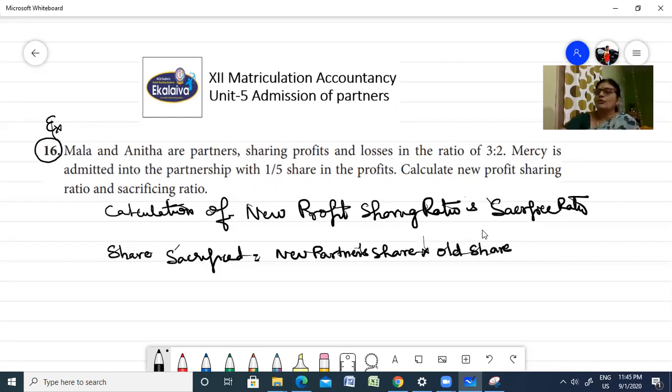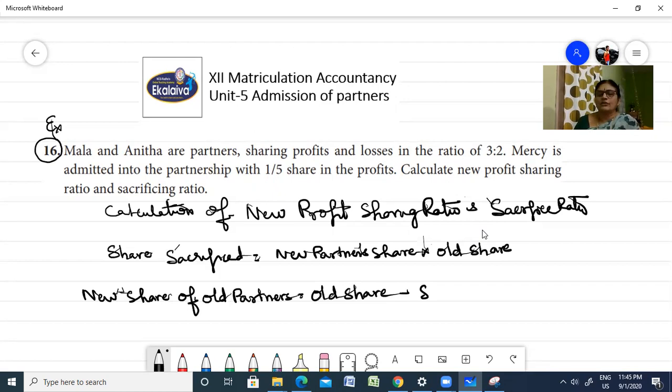Here you have the new share of old partners, which is old share minus sacrifice.